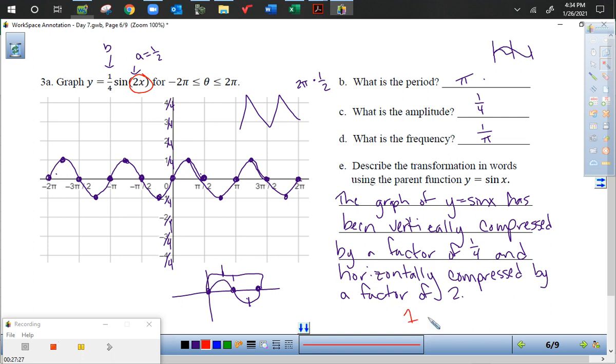So let's make a note of that, 1 octave higher. If you ever have to go an octave higher, you just split your period in half, or there's a 2 in front of your x in the equation. Similarly, if you want to go an octave lower, you'll see 1/2 in the equation, and your period would just be doubled, so it would go to 4 pi.